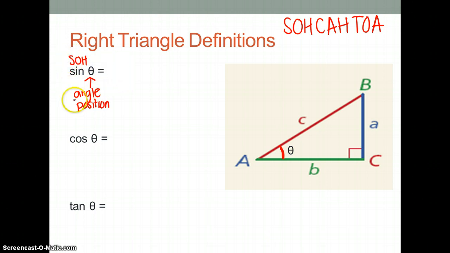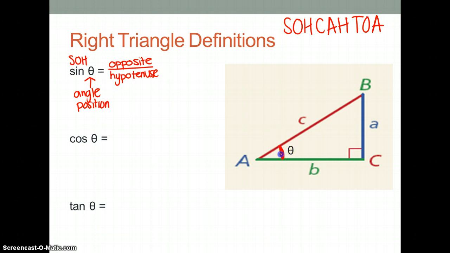So the S stands for the sine. The O and the H tell you what ratio the sine of the angle is equal to. So the sine of that angle is equal to the opposite side over the hypotenuse.